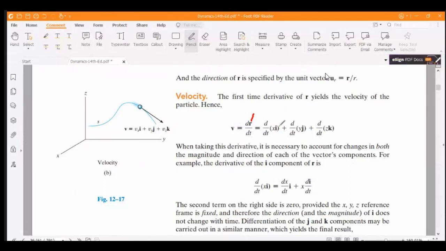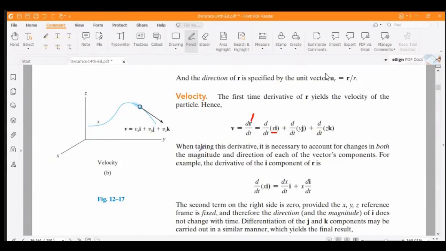So d by dt of xi, d by dt of yj, and d by dt of zk will be our velocity equation. But here both x and i can change with time. I is actually in this direction, so it can be opposite as well, plus and minus, right? With time, it can become forward and backward.